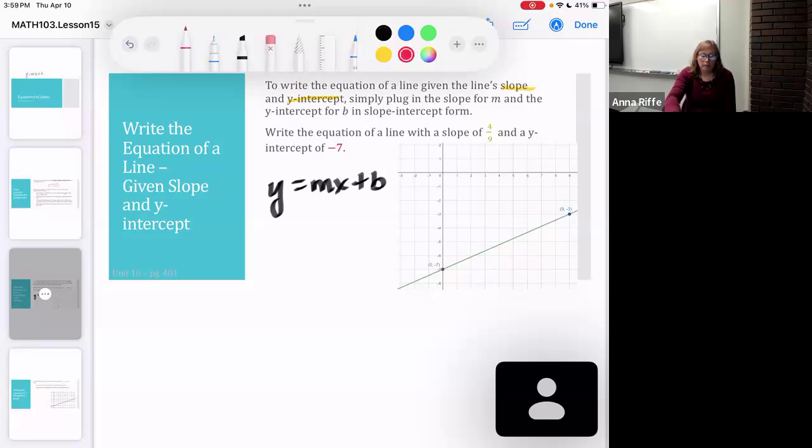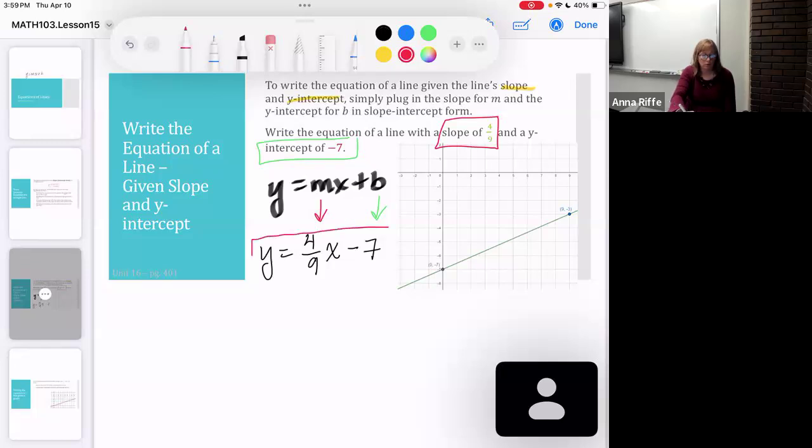If you are directly given the slope, that's our m, and you are given the y-intercept, that's our b, we can just plug those into our equation. This becomes y is equal to 4/9 x plus -7, or -7 if you prefer, because the sign goes before it.